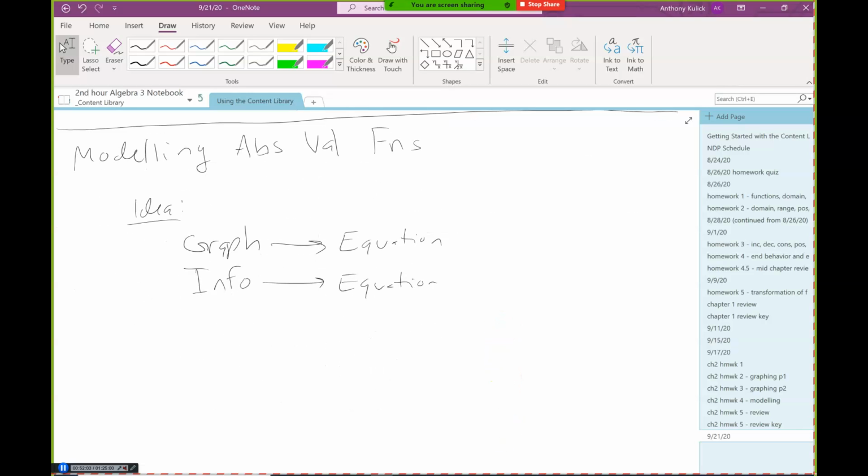And everything we need to do a problem like this, we've already developed. So let's walk through a couple of examples to show you guys what to do here. All the tools that we're going to use we've already talked about. So I don't think we need to do much there.